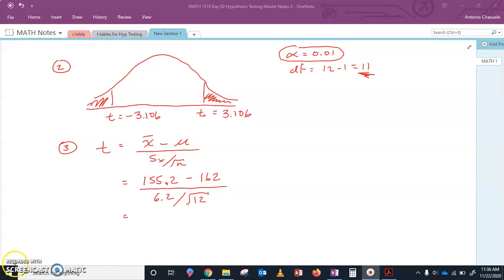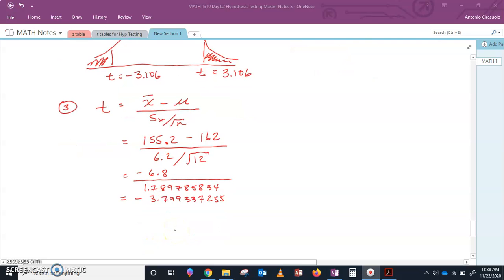This will then give us a final value of negative 3.799337255. And we will round that to three decimals, and that's approximately negative 3.799. And this time it's negative.